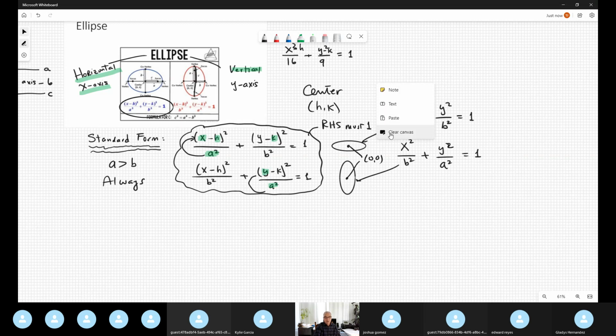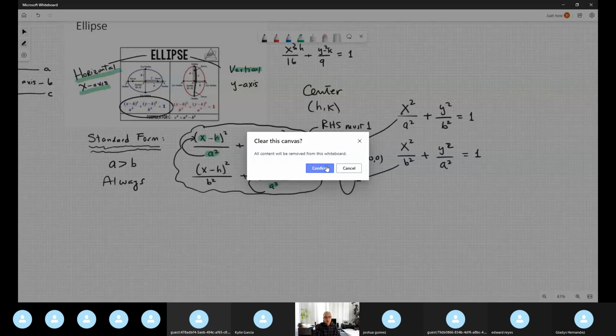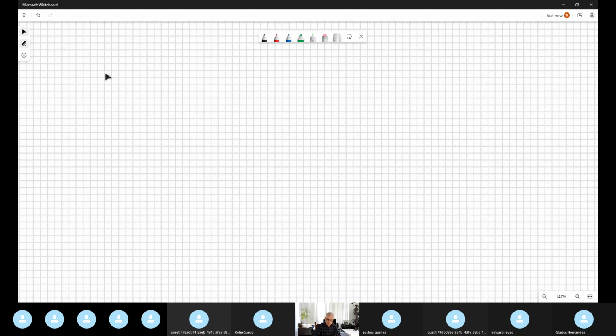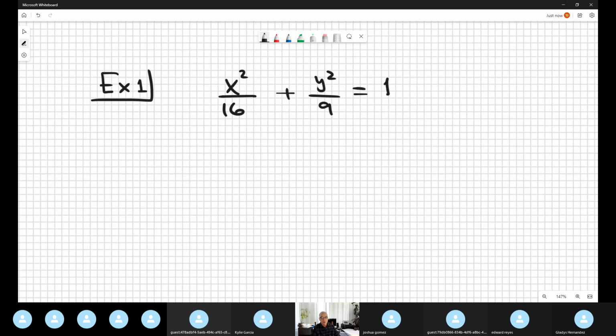So, I want to erase the board. I want to start doing example one. The example one is x squared over 16 plus y squared over 9 equals 1.